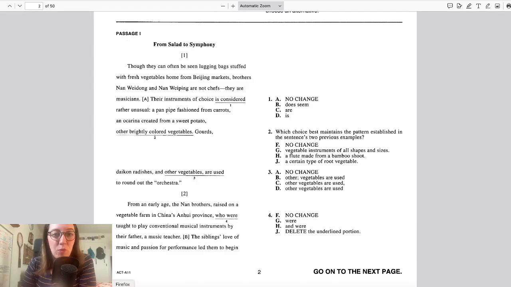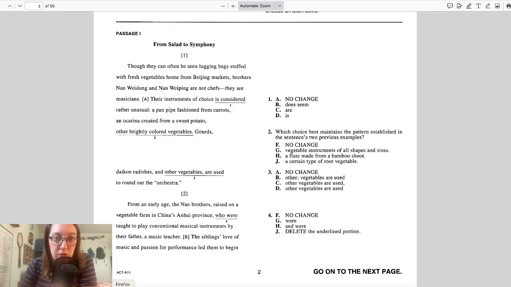Okay, so for number 1, what we're going to be doing here is making grammar changes if necessary in the passage. So the first one is this section midway through. You can just jump right into the sentence. You don't need to read the whole passage. It says, their instruments of choice is considered rather unusual, and then it gives a list. Already I'm thinking this doesn't work.